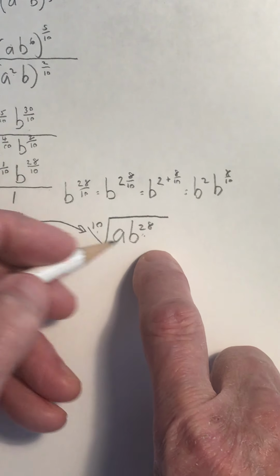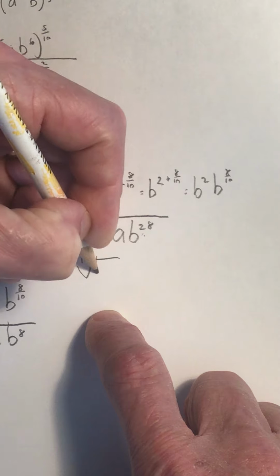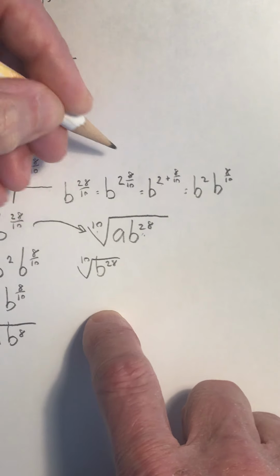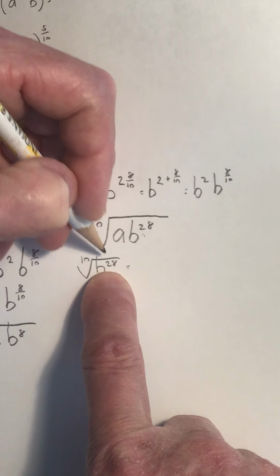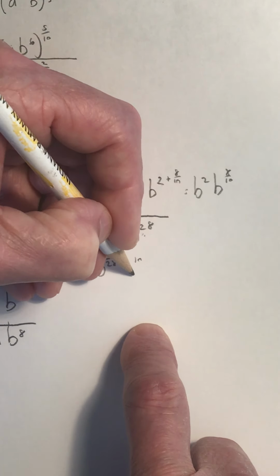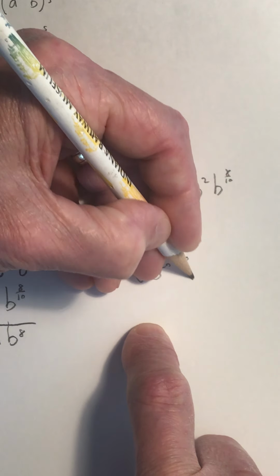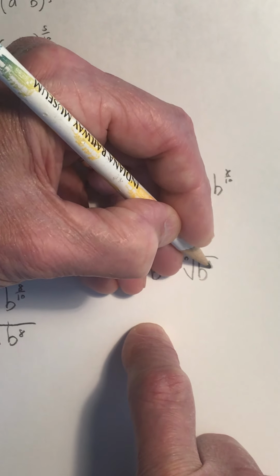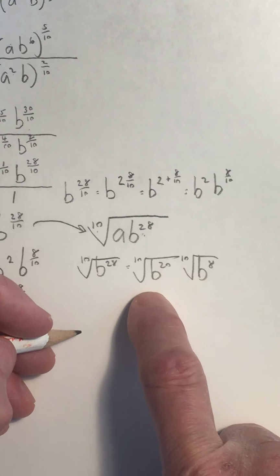So if we take the b aspect of this by itself, 10th root of b to the 28th all by itself, and simplify it, what's the biggest exponent we can get here that's divisible by 10? And that would be 20. So what's left over is the b to the 8th. Still has to stay under the radical sign.